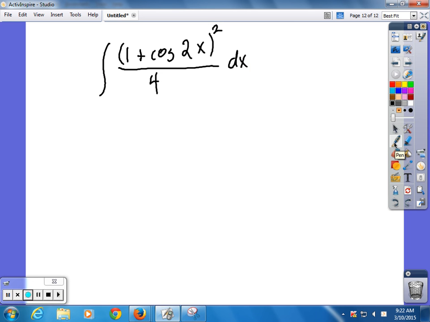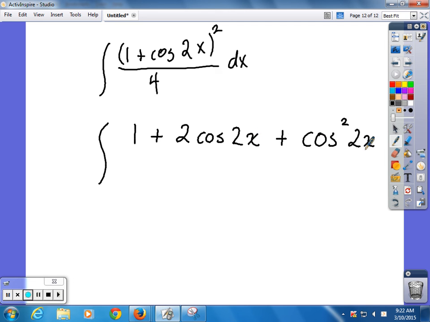What you got here? Shortcut number 1. So the antiderivative of 1 plus 2 cosine of 2x plus cosine squared of 2x over 4, and keep going. Don't forget the dx.